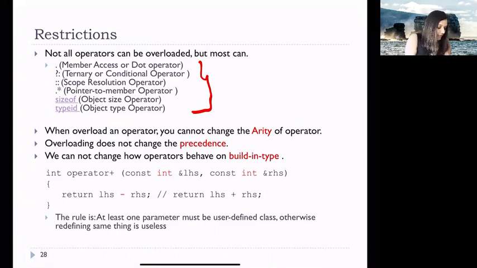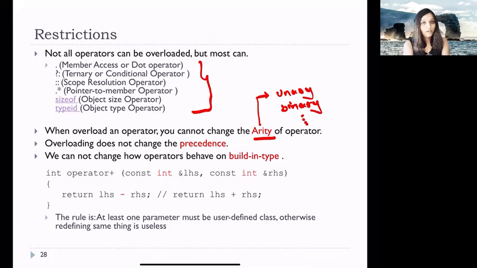The arity of the operator, as I said, whether the operator is unary, binary, and so on, as we already discussed, cannot be changed. So if you're overloading an addition operator whose arity is 2, it should take 2 arguments even in the overloaded scenario.